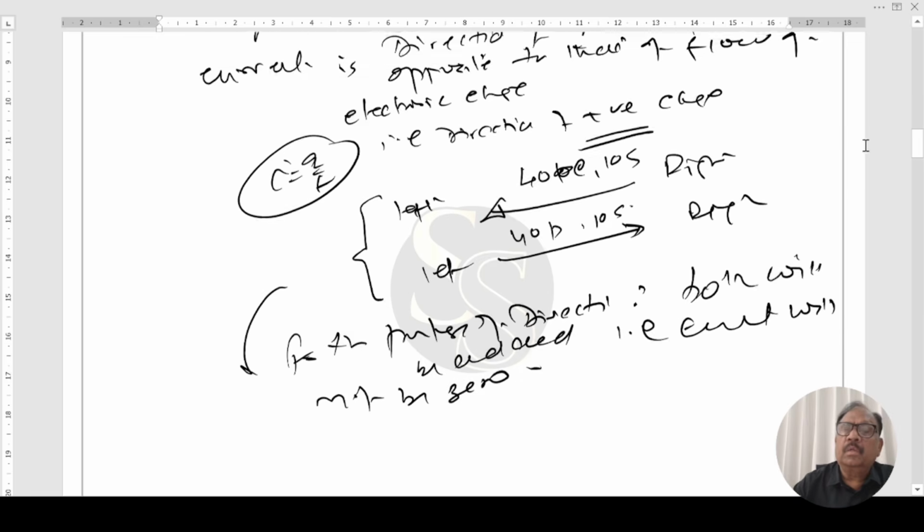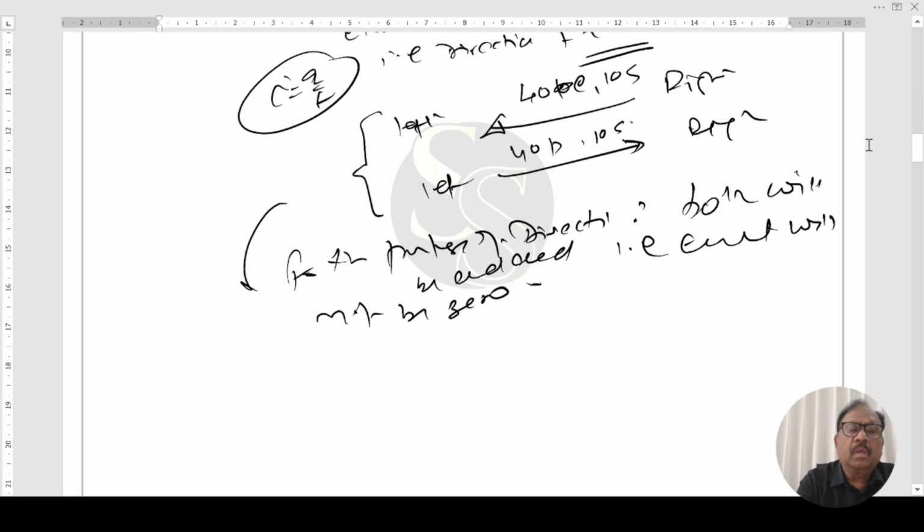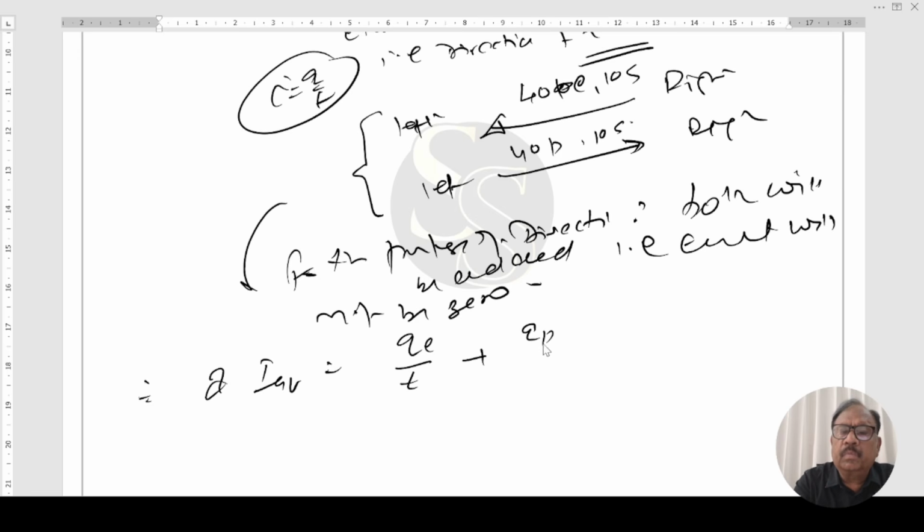Therefore, average current, I average, equal to Q electron upon time plus Q proton upon time. That is 40 e divided by 10 plus 40 e divided by 10.